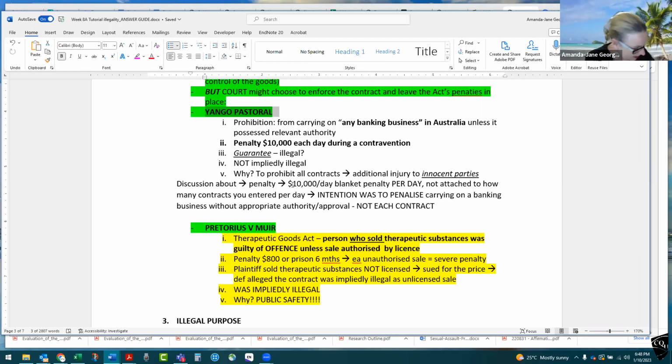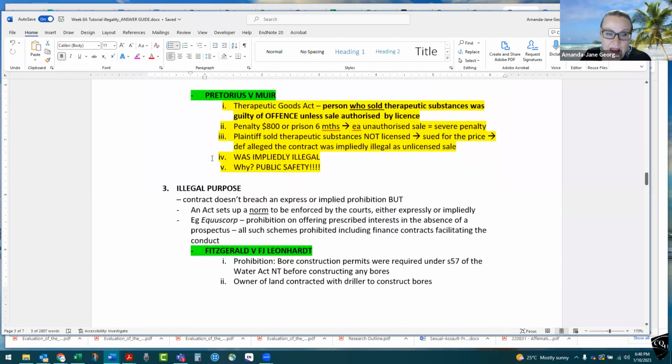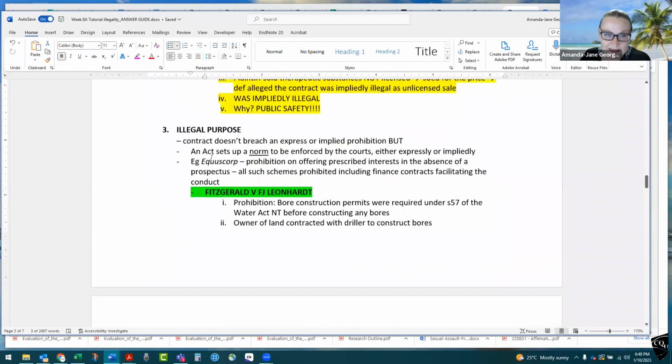Yango is, let me have a little look here, Chapter 14.150, 153, 160 of law. Okay. So that's Yango. And the last but not least is a legal purpose.